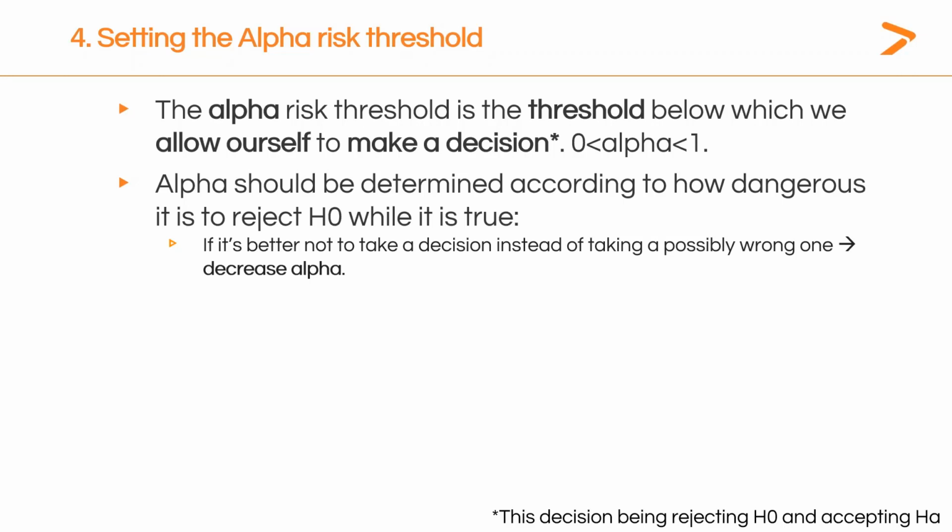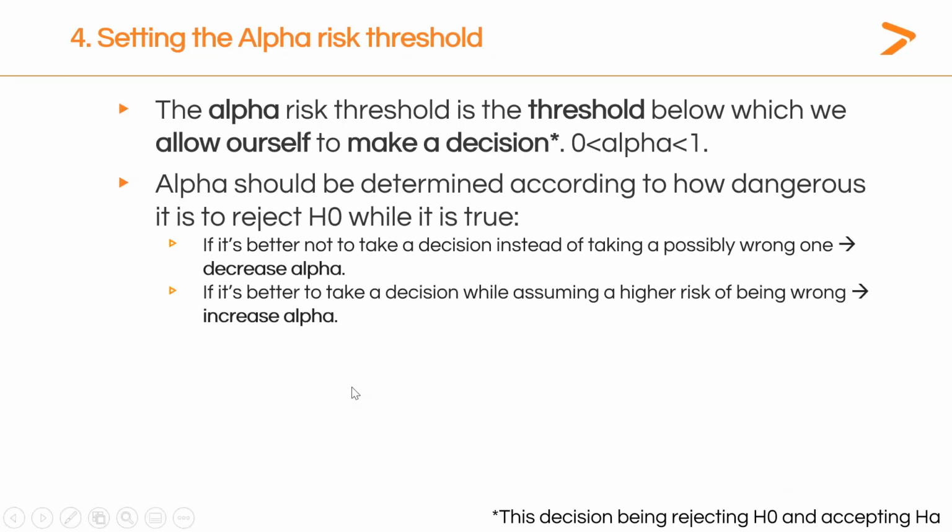If you prefer being conservative and taking a decision only if the effect you are observing is very strong, then you should decrease alpha. But if it's better for you to take a decision while assuming a higher risk of being wrong, you can increase alpha. So you really need to think about this while setting your alpha threshold.